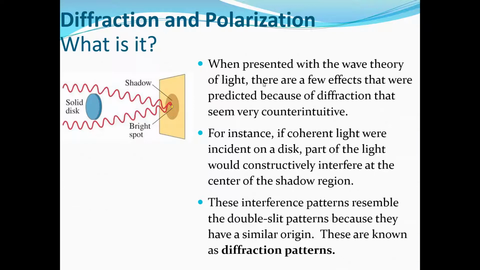Well, it turns out that we could do something with this by taking a solid disk and hitting it with a light wave, which has to be a certain wavelength based off of the size of the disk and the separation from some screen.